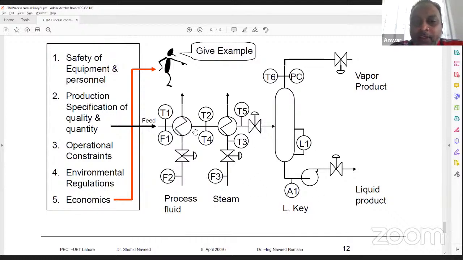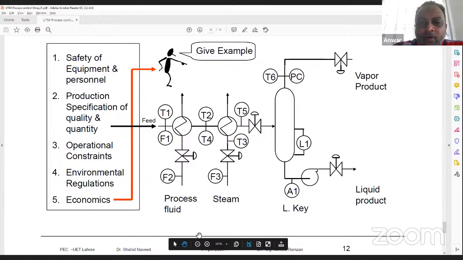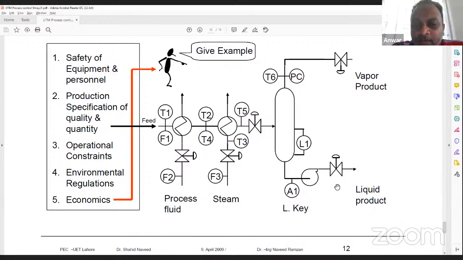But if you ask them in terms of selection of the right pump for the process stream, or the right suitable control system for the process, believe me, they will not be able to tell you.